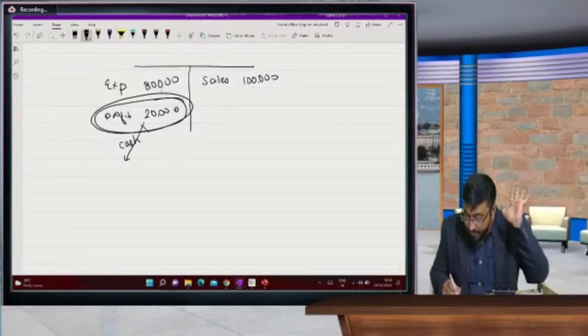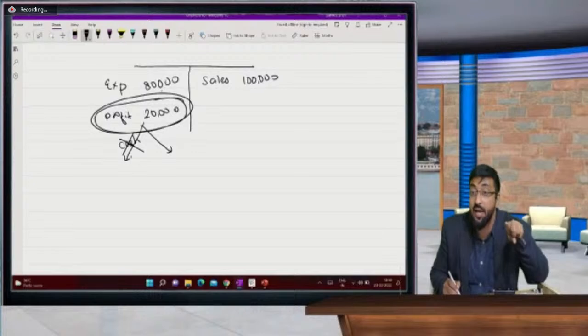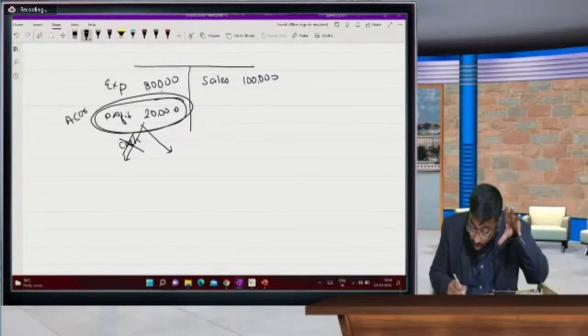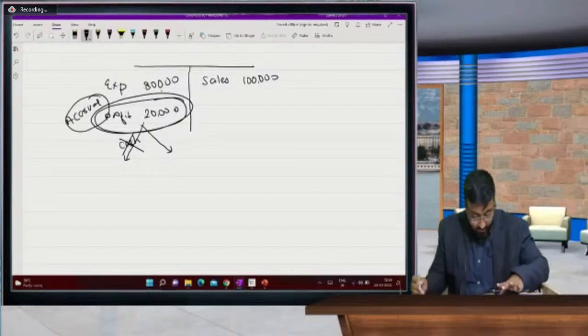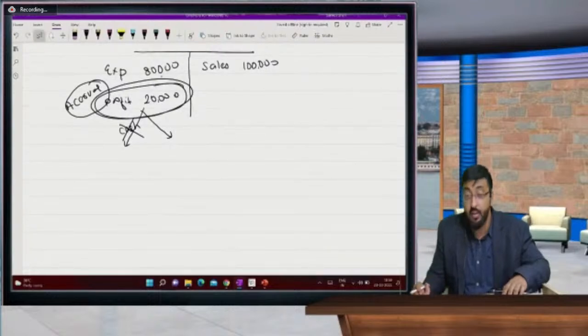सपोज इसमें से मैंने, इट डजंट मीन मैंने कैश साइड में रखा, प्रॉफिट साइड में करना मतलब एक्रूअल कॉन्सेप्ट, बिकॉज प्रॉफिट इज ऑलवेज बेस्ड ऑन एक्रूअल कॉन्सेप्ट. Okay. So accrual concept tells you that profit is 20,000.